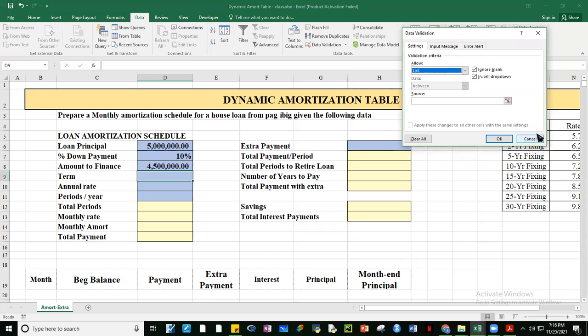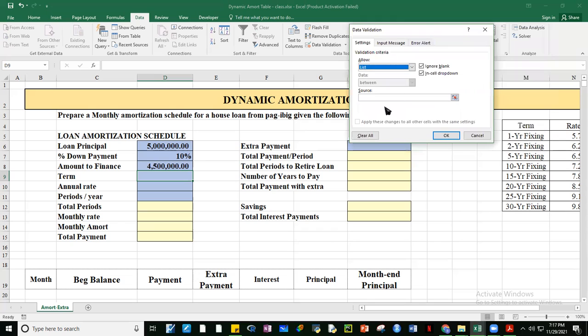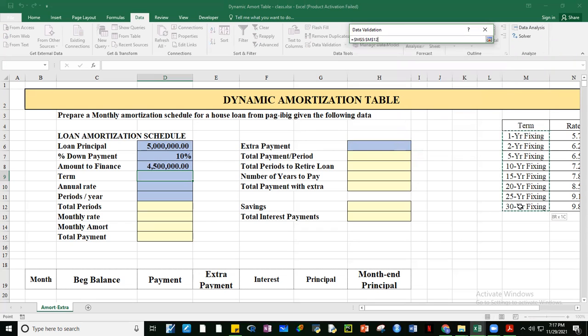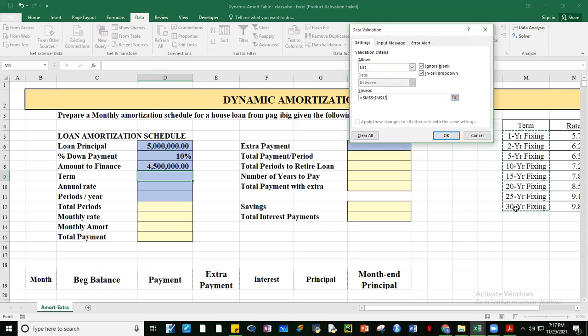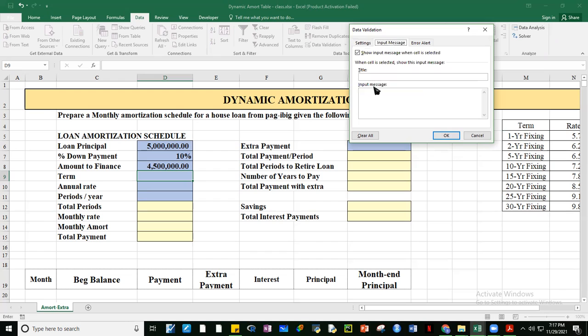So List, because we have already this list, and then the Source. Go to Source and then highlight 1 year up to 30 years. So we were able to do data validation. Click OK. Don't click OK yet. Here you can put an input message. For the input message, you can put a title there.